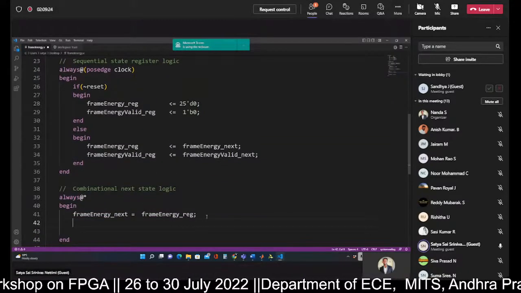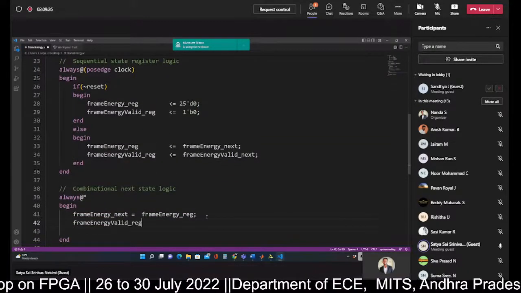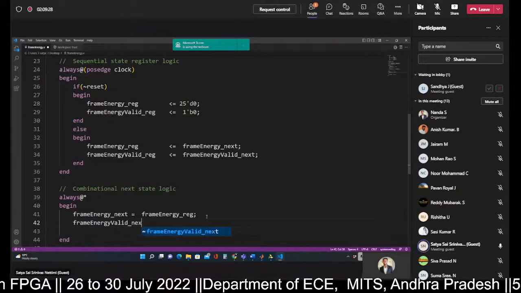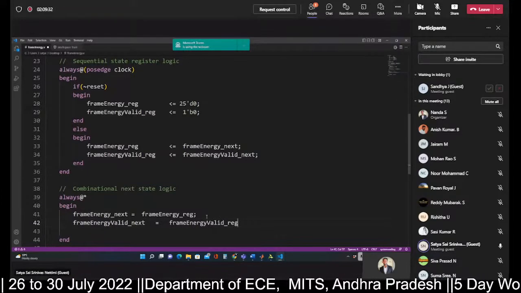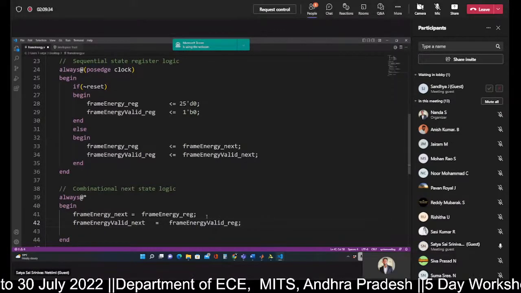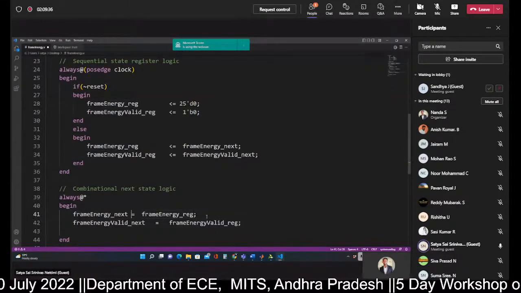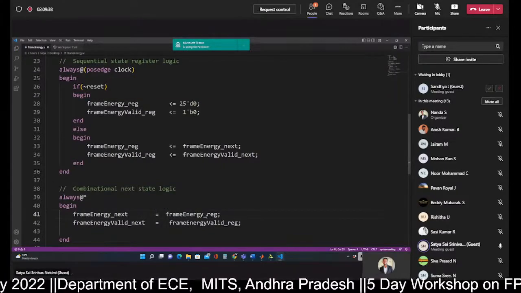Again, when you're not manipulating anything, the next state value will be the same as the one already stored in the register.